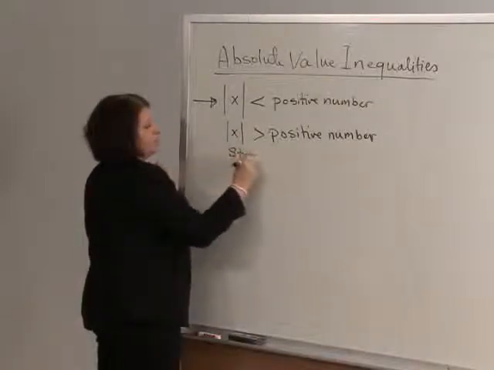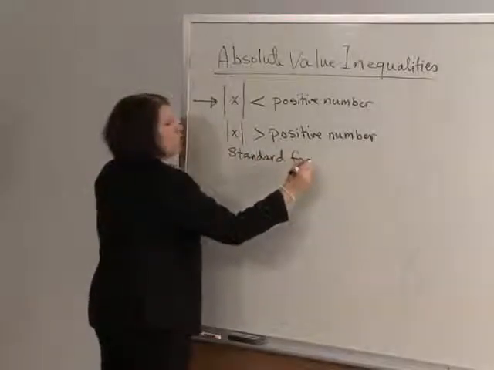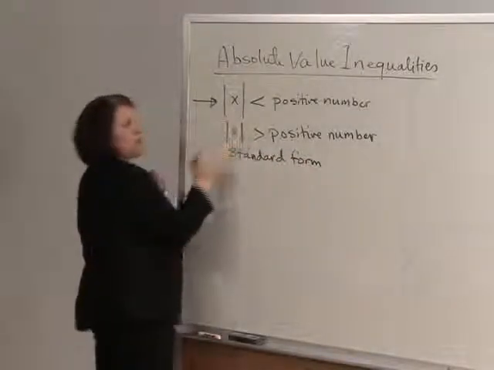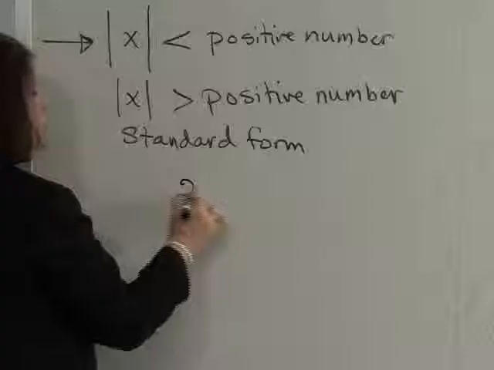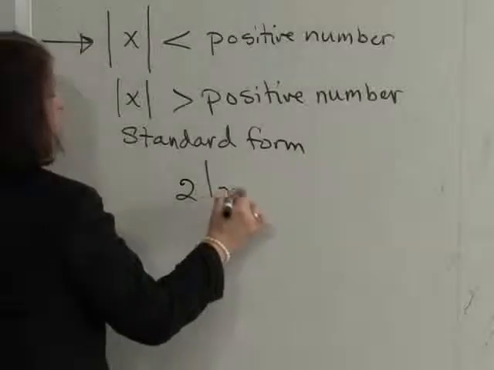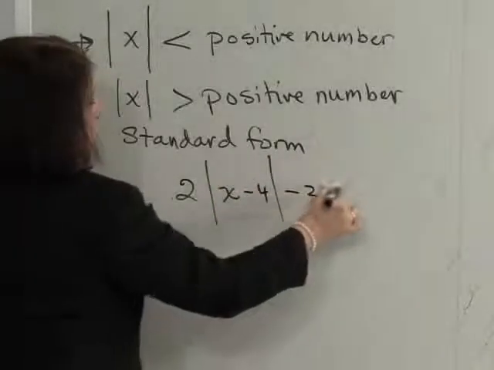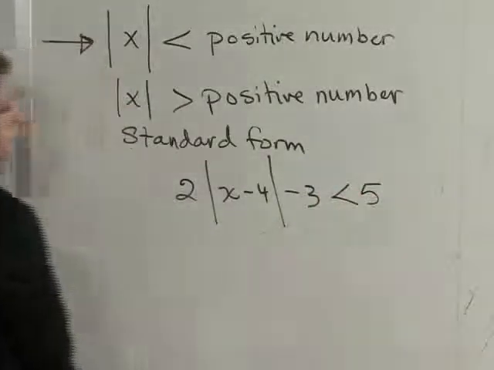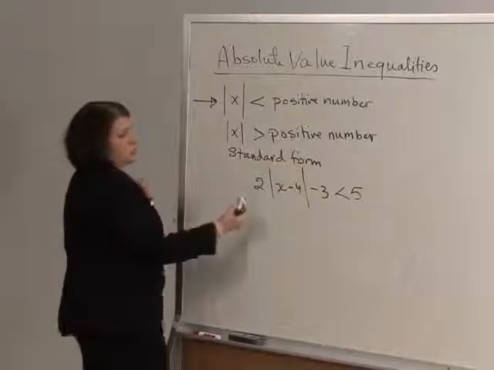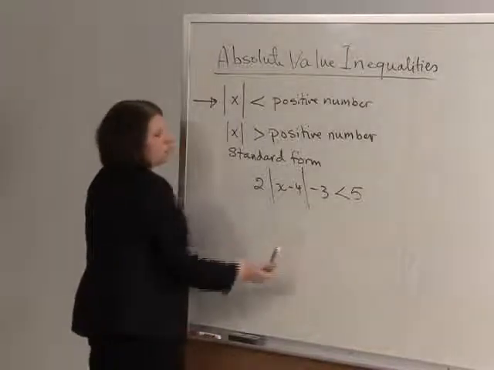And when the absolute value is isolated, it's in the standard form. Sometimes you may have something like 2 times the absolute value of x minus 4 minus 3 is less than 5. And so when you look at this, you're going to identify it being an absolute value inequality.